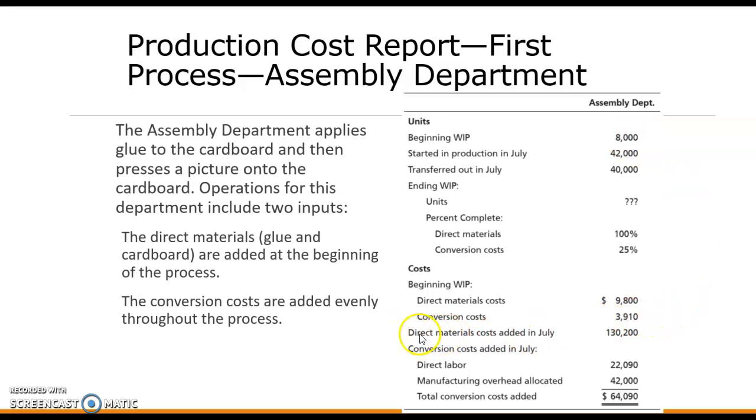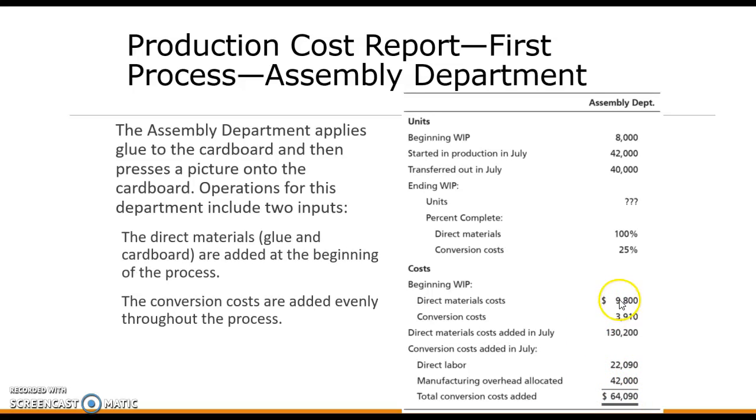Now we added direct materials in July of $130,200. And we also have conversion costs added in July. Direct labor of $22,090, overhead applied of $42,000, which those two together equals $64,090.